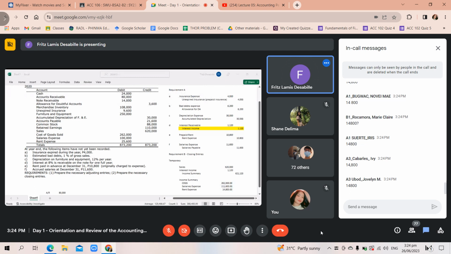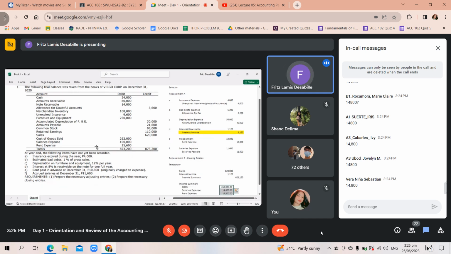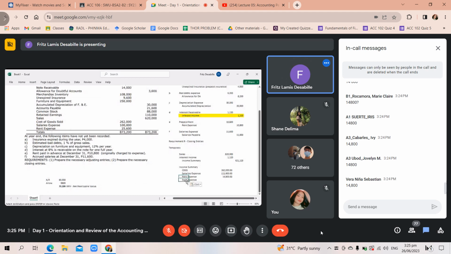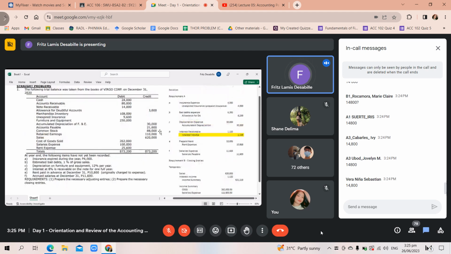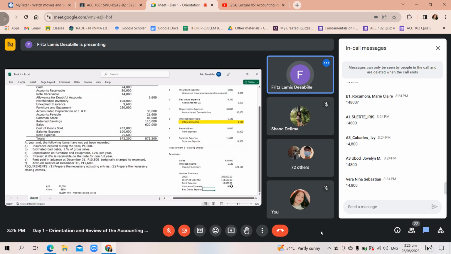So rent expense, 14,800. Next is insurance expense, which has an adjustment. So let's put it here. We'll just list them all in order. How much is it? 4,000. Next is bad debts expense, 6,200.